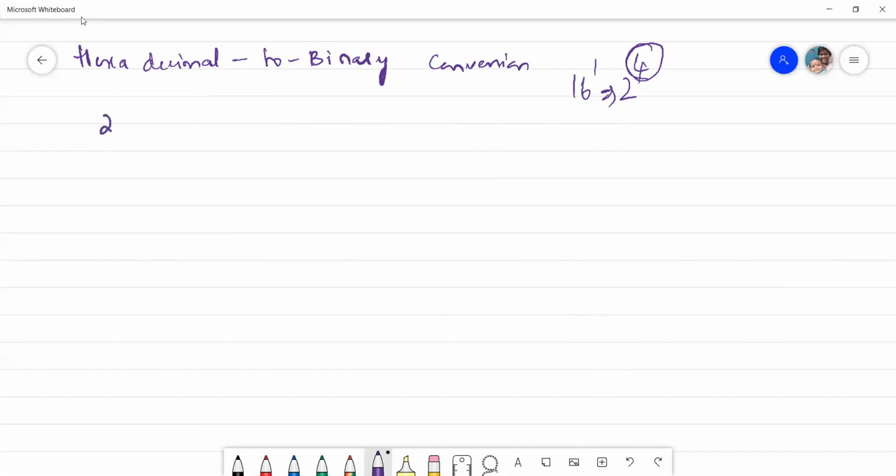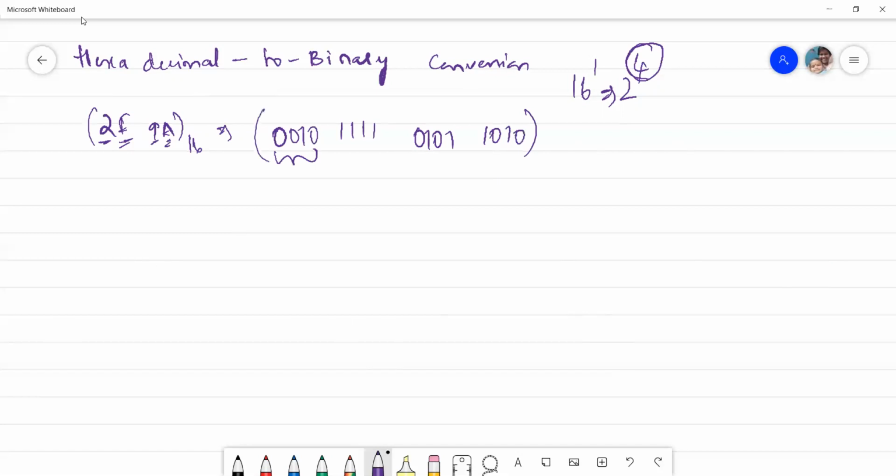So for example, if you take one hexadecimal value 2F9A, this is a hexadecimal. So how to do it? You just convert each symbol into 4 bits, that is 0010. This is the binary value for 2. Again you write the binary value of F, that is 1111, and the binary value of 9 is 0101, and again the binary value of A, 1010.